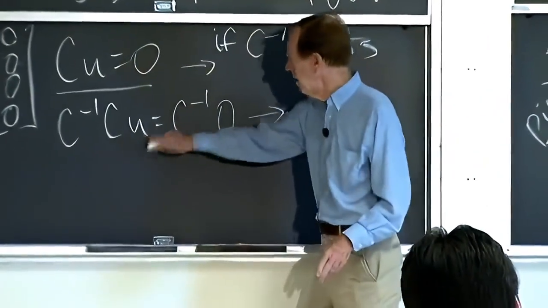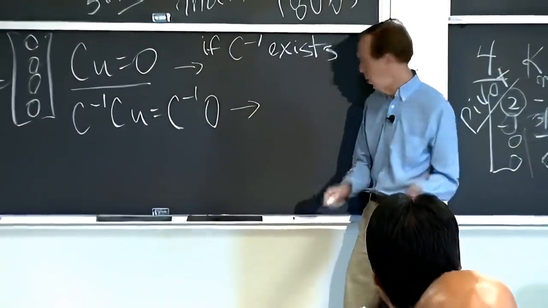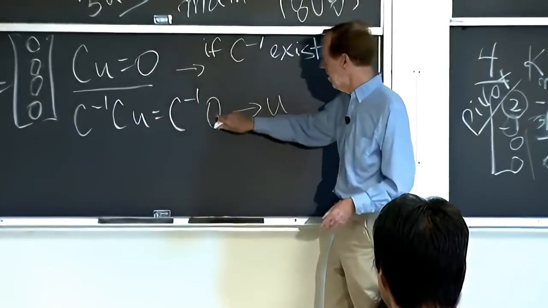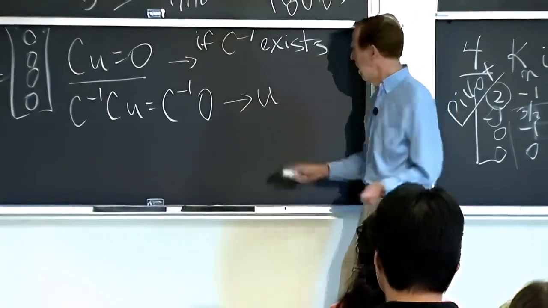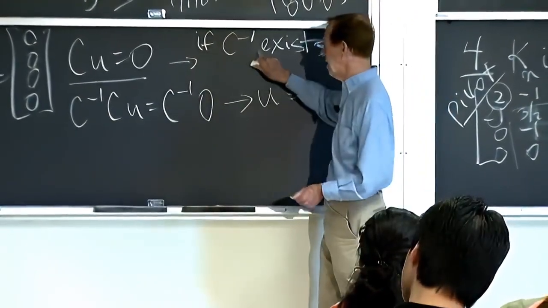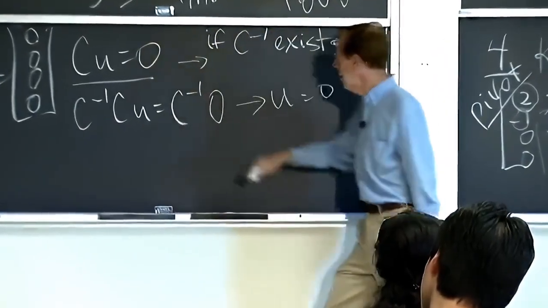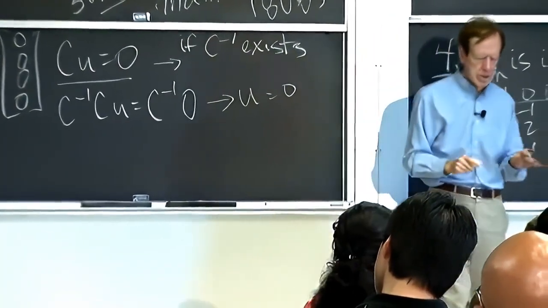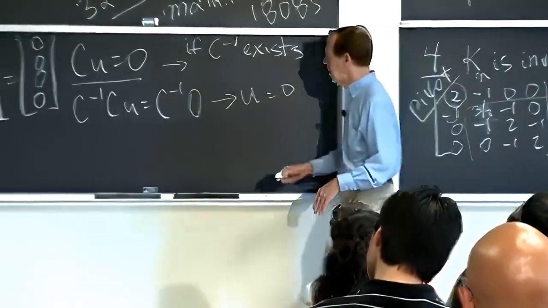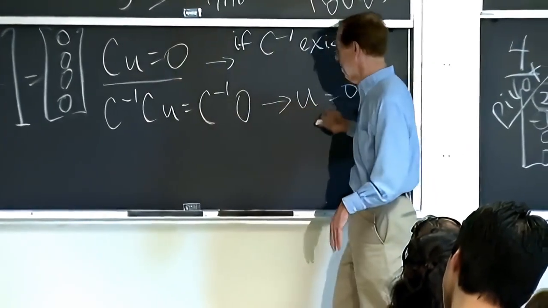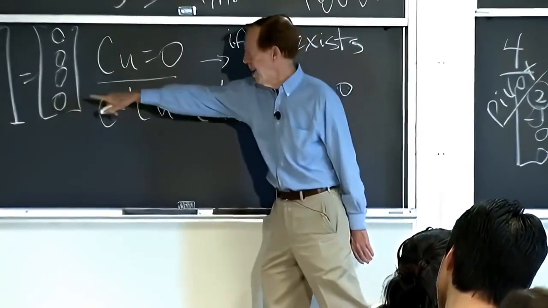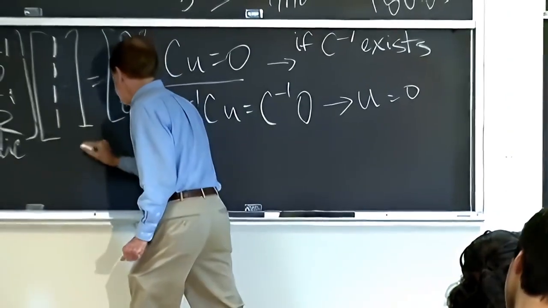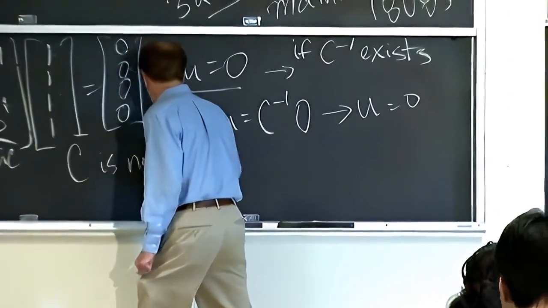And when the identity matrix multiplies a vector U, you get U. And on the right side, C inverse, whatever it is, if it existed, times 0 would have to be 0. So this would say that if C inverse exists, then the only solution is U equals 0. That's a good way to recognize invertible matrices. If it is invertible, then the only solution to CU equals 0 is U equals 0. And that wasn't true here. So we conclude C is therefore not invertible.